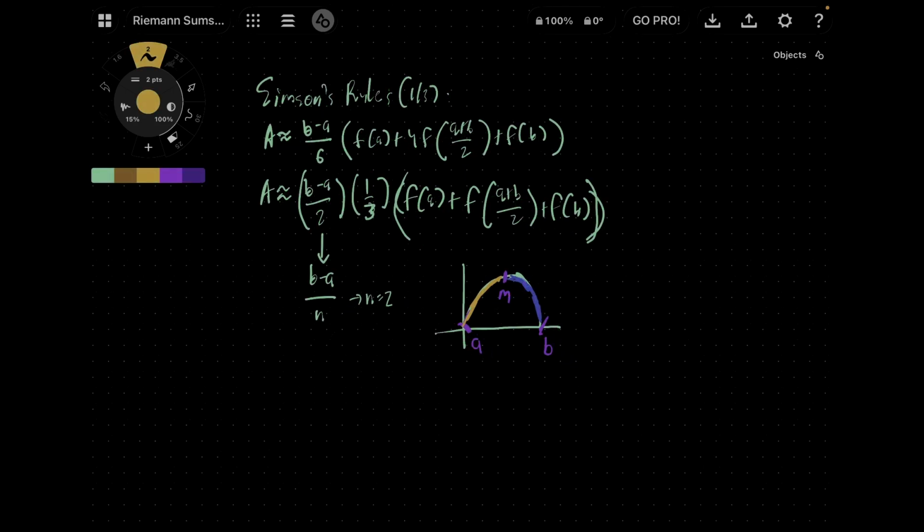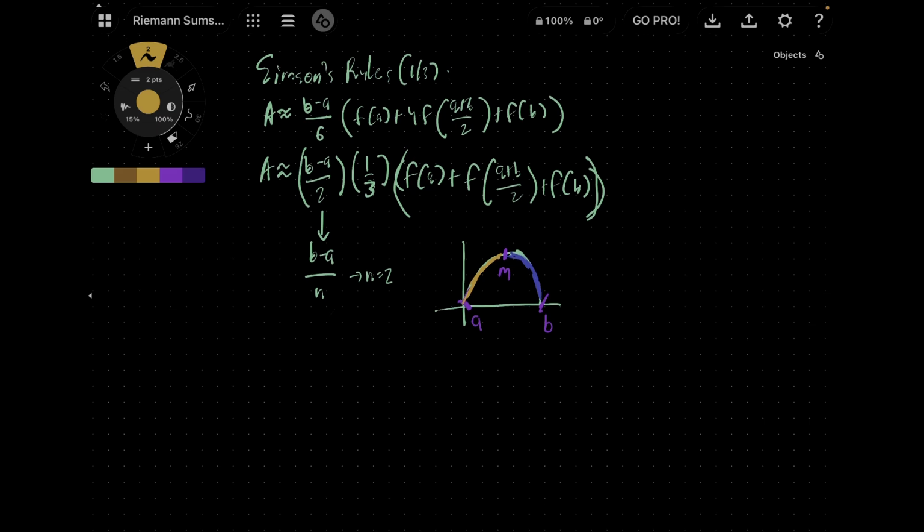Now that you know the formula for the simple rule, we can move on to the formula for the composite rule. The formula for the area of Simpson's composite rule with the 1/3 variation goes as follows.